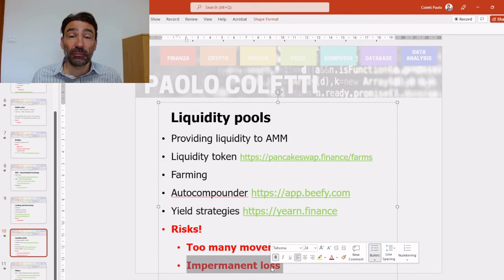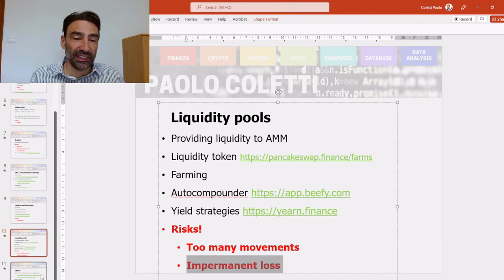The impermanent loss can be very, very high if they start to diverge a lot. So for example, if you supply liquidity to Bitcoin USDT and the price of Bitcoin triples, you will face an impermanent loss. It means that if you had invested only in Bitcoin and USDT separately, you would have gained more. So there is a mathematical reason behind. I don't want to enter the technical details because it will require a dedicated lesson.